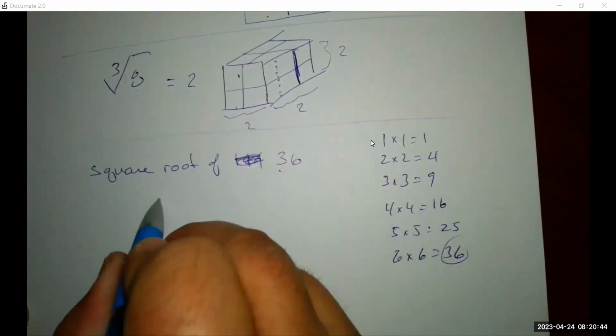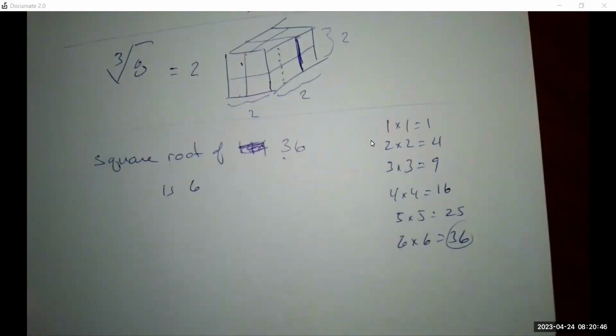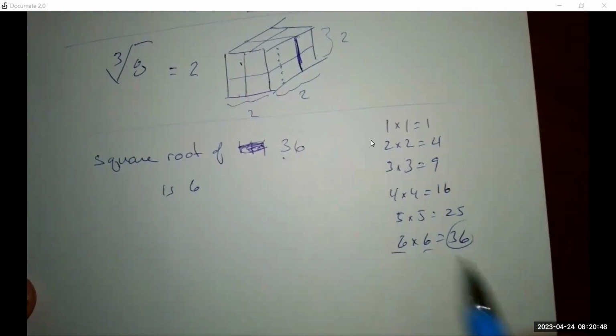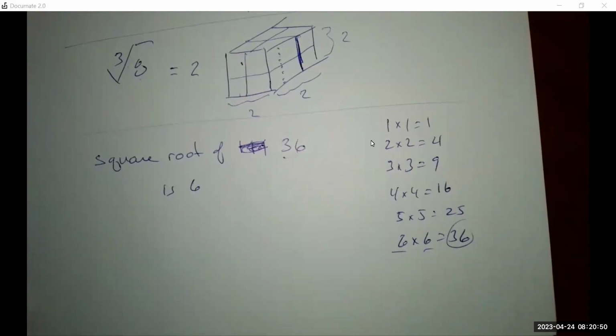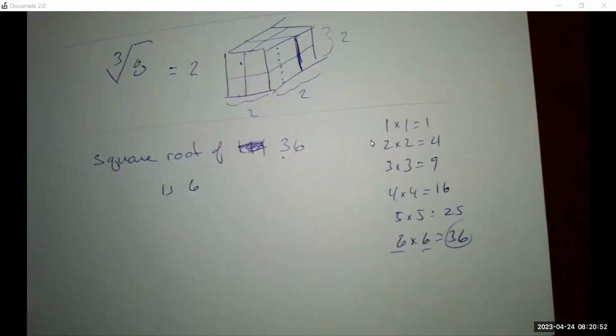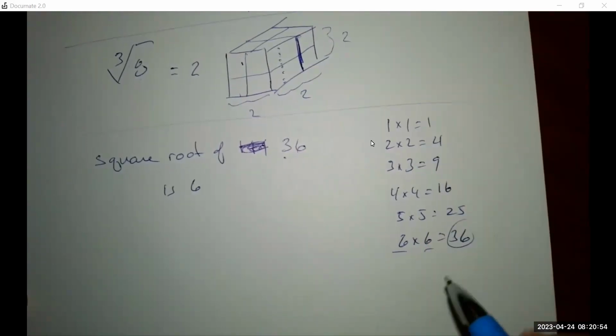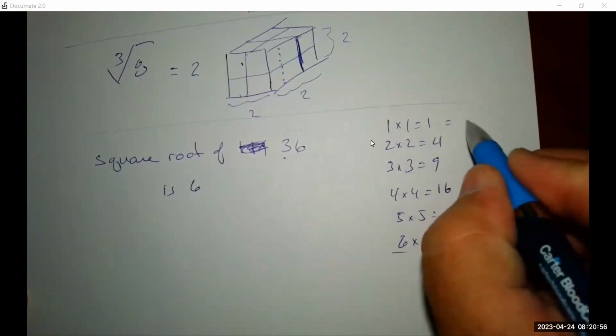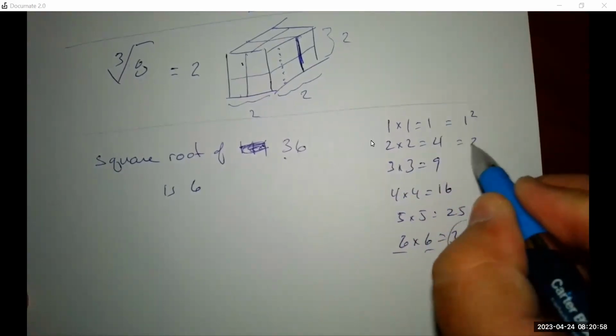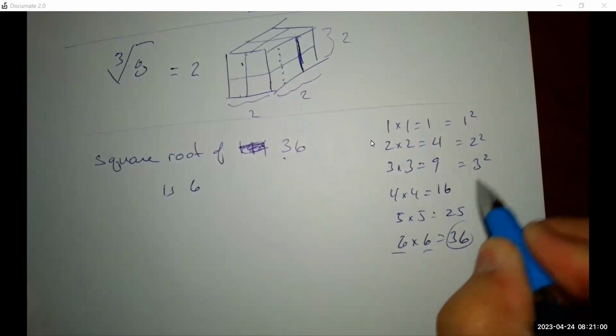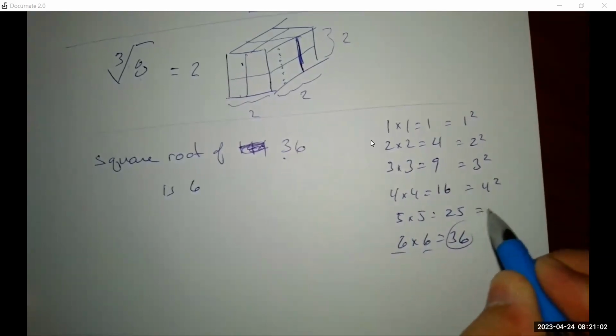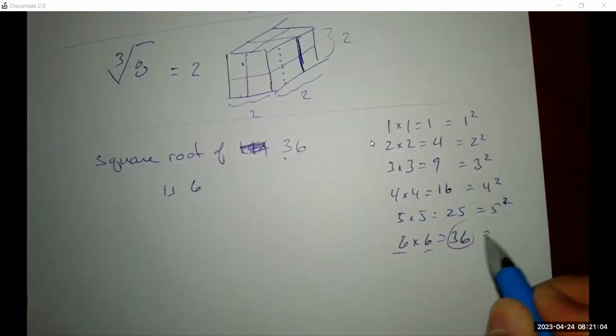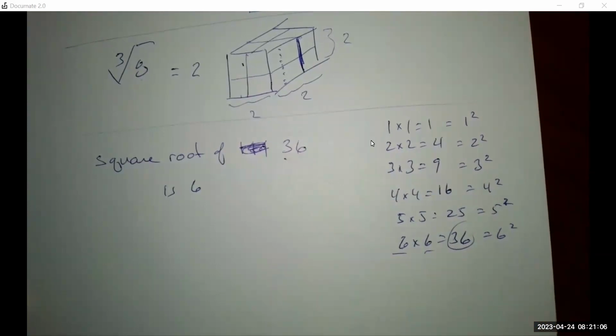So the square root of 36 is 6. We're looking at 2 numbers that are equal that fit between there. So this is the same as 1 squared, 2 squared, 3 squared, 4 squared, 5 squared, 6 squared.